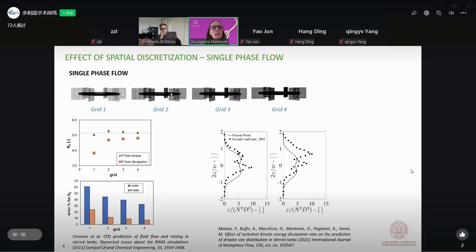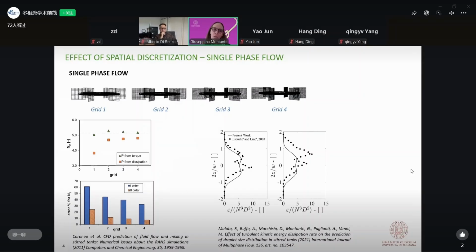Here you see that by refining the grid, in the case of a stirred tank in single-phase flow, we can get a very close prediction of the power consumption that is summarized here in this power number, and we can decrease quite a lot the numerical error, also by looking to the discretization of our partial differential equation.